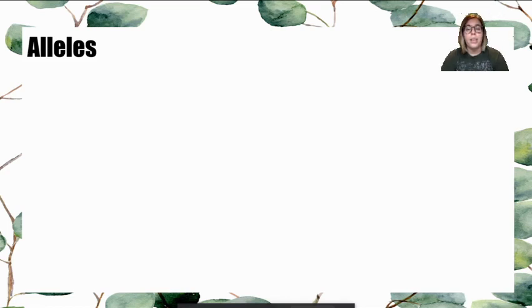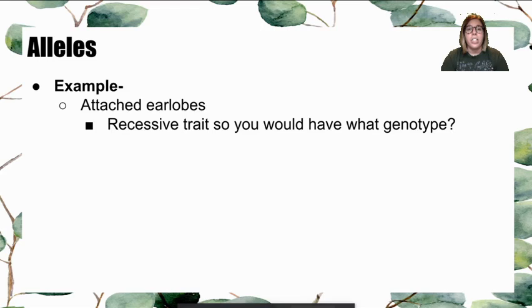Remember, an allele is an alternate version of a gene. So if I was talking about the phenotype of attached earlobes and I was recessive for this specific trait, what would my genotype be? Remember, my genotype would have one allele from my mom and one allele from my dad. If I was recessive for this trait, and we're going to call the letter E our letter for this, I would have little e.